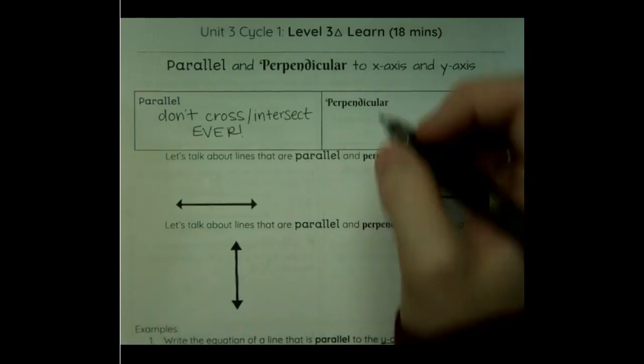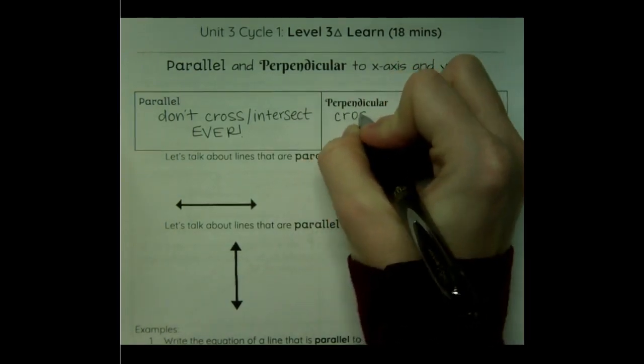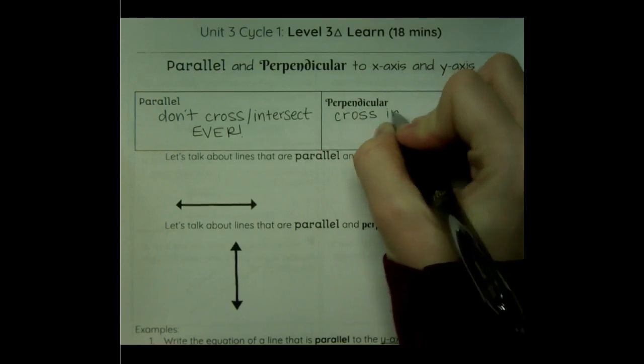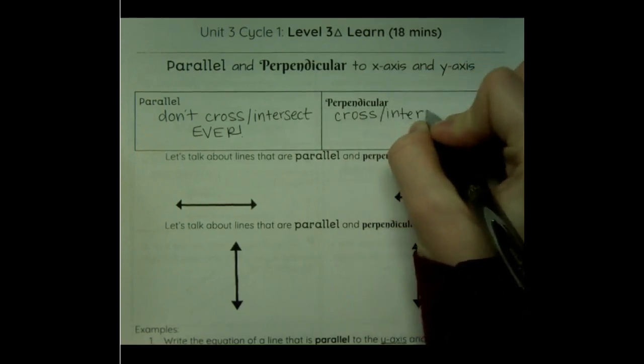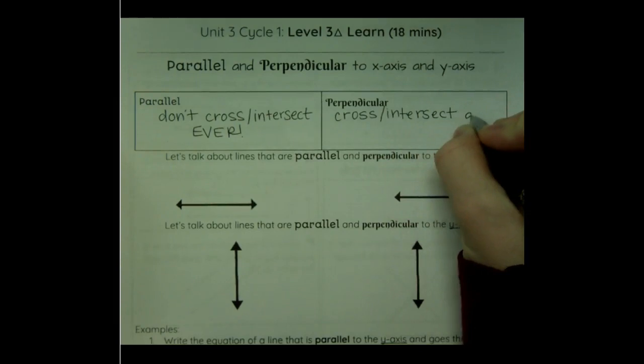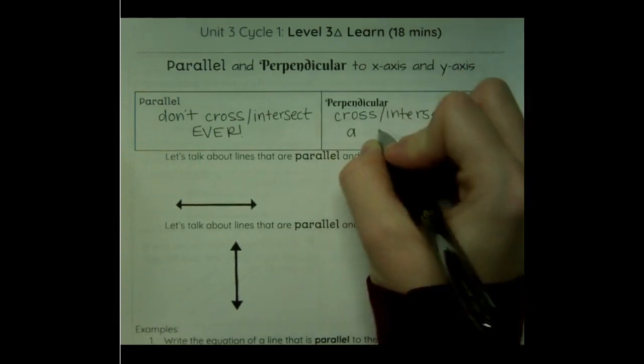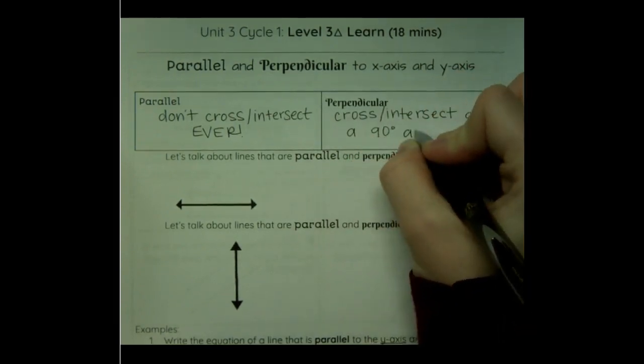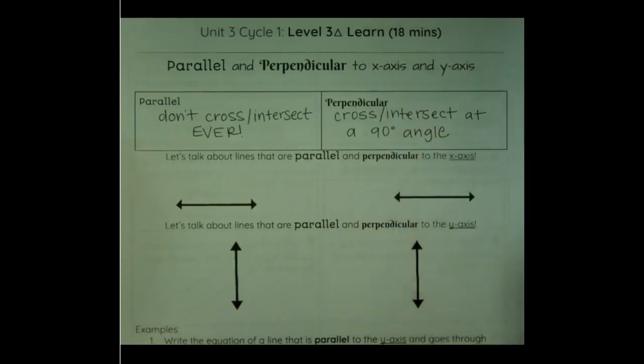Perpendicular lines do, and they cross or intersect at a 90-degree angle, or a right angle, as we would call it. So we're going to talk about how these lines can cross or not cross our x and y axis. So let's just talk about the x-axis.